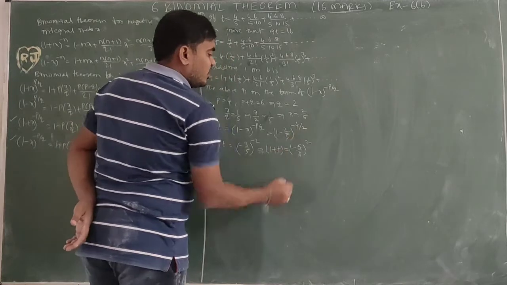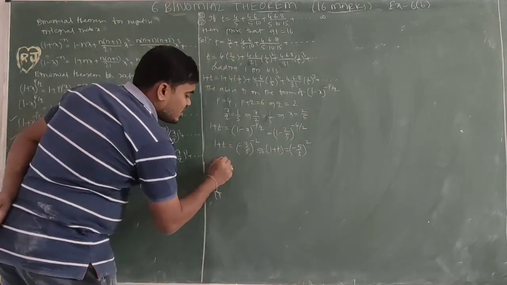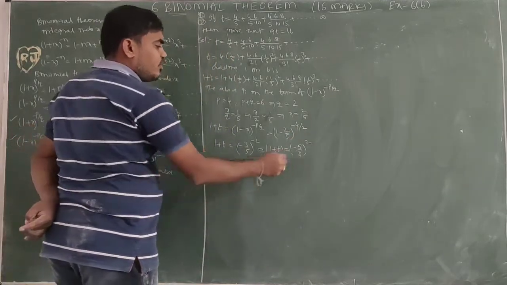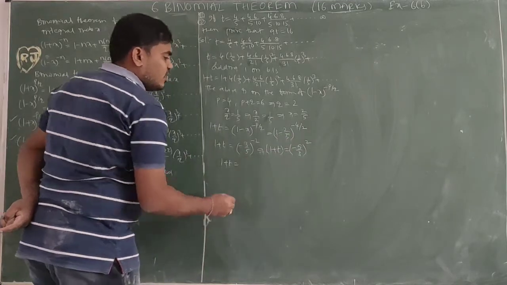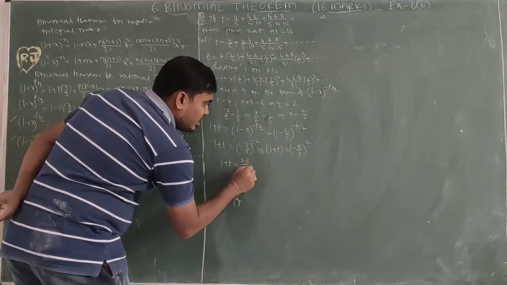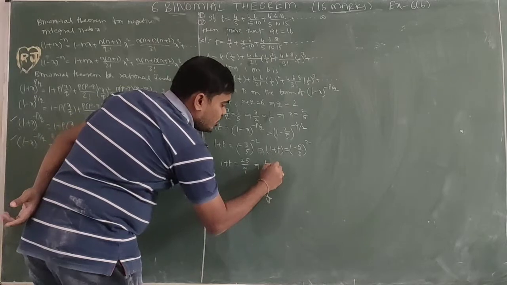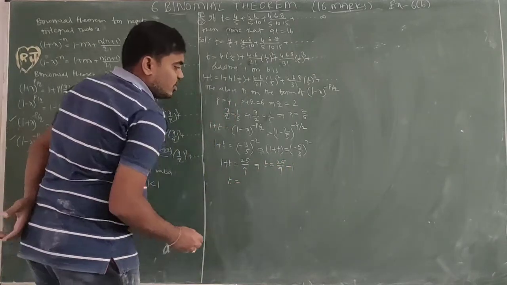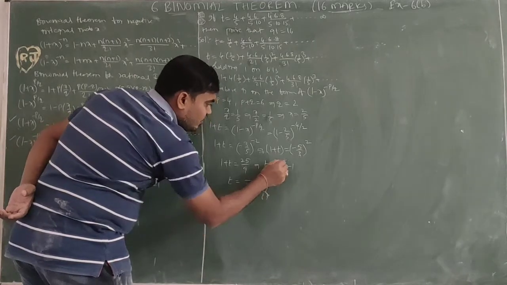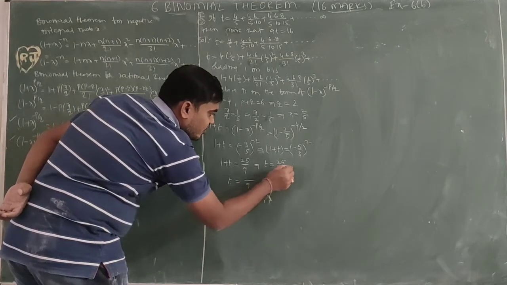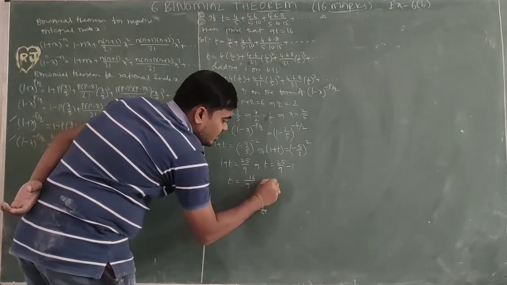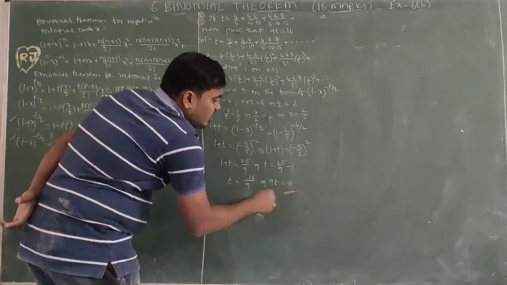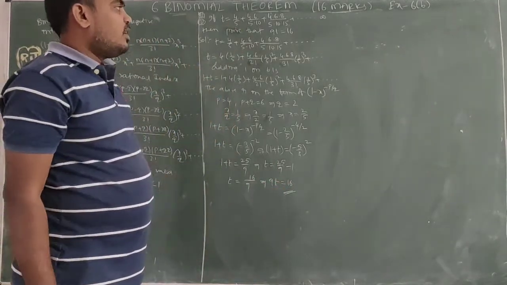So 1 plus t equal to 5 square by 3 square, that is 25 by 9. t equal to 25 by 9 minus 1, t equal to (25 minus 9) by 9, that is 16 by 9. Cross multiply: 9t equal to 16. So this we needed to prove.